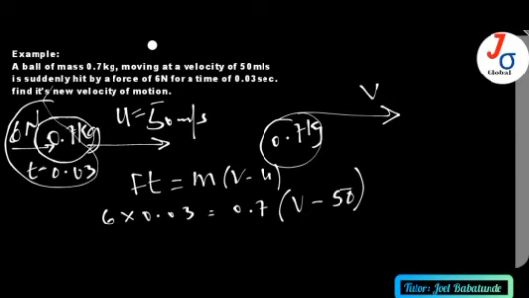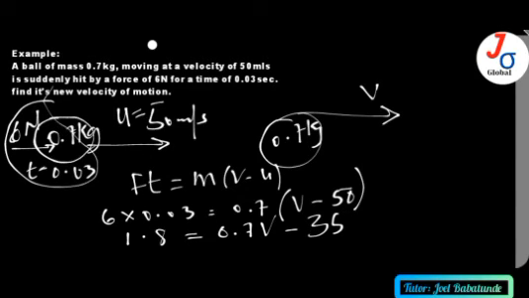If you open up that bracket, 6 times 0.03 is actually 1.8. So you get 1.8 equals 0.7v, then minus 50 times 0.7, which is minus 35.